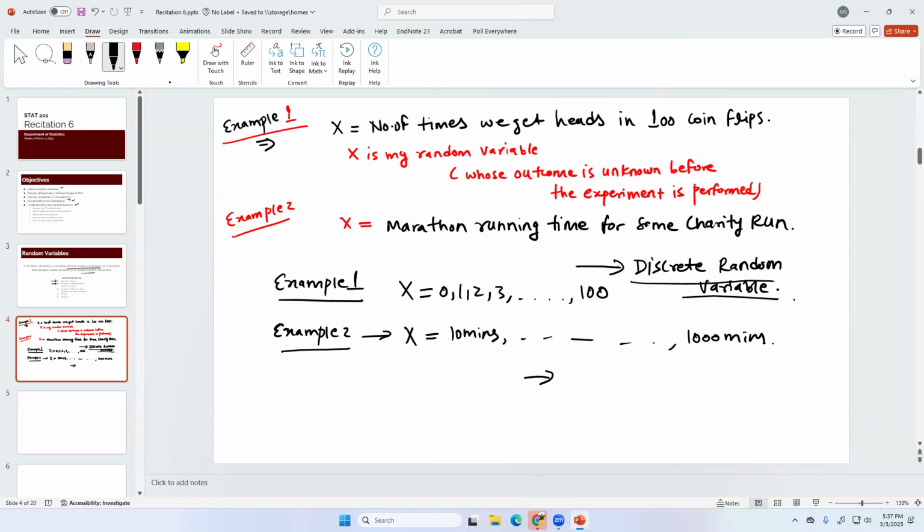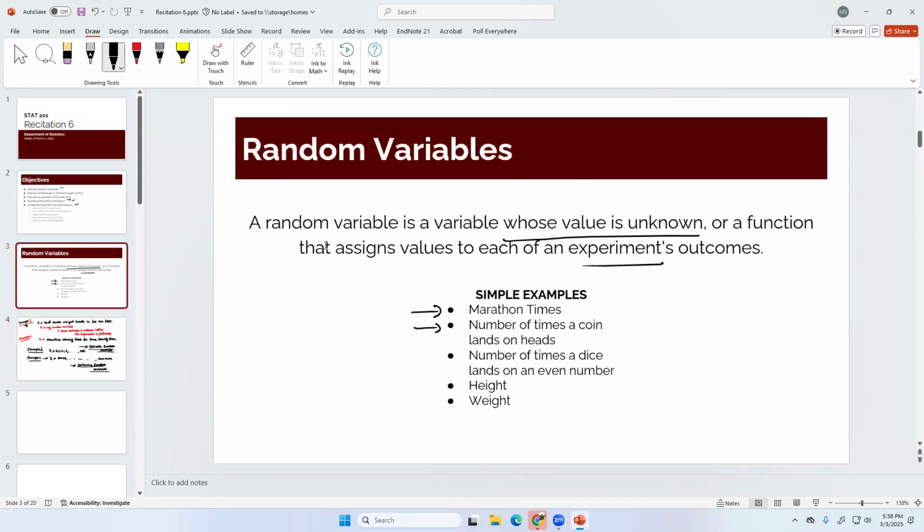One person could finish in 10.2 minutes, 10.3, 10.5, and so on. So the possibilities here are not discrete; they are not 1, 2, 3 numbers. They are continuous. So you have to remember two things: what a random variable does and what different kinds of random variables there are. One is discrete and another one is continuous.